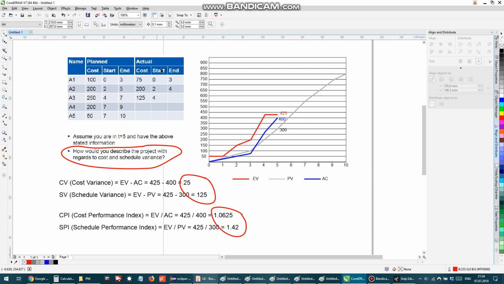But we can draw the graph and make a forecast, and forecast will be something like this. So we have a point here, like 753, and that will be like this.